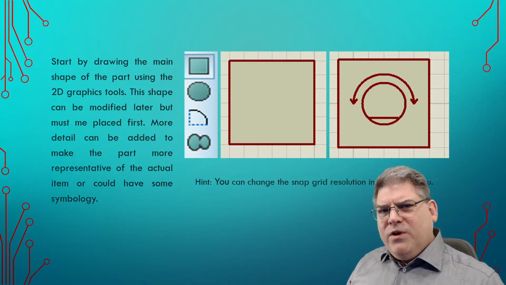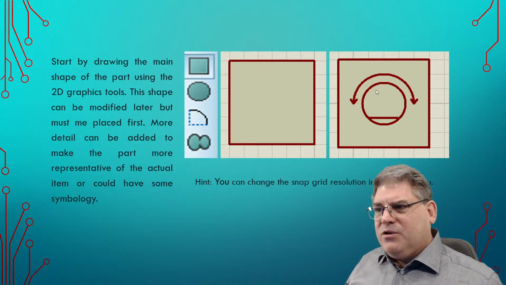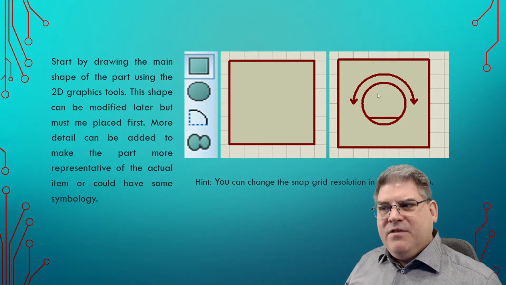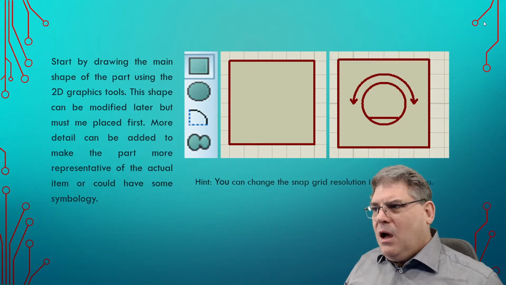So whatever you draw first is going to be on the bottom. Whatever you draw last is going to be on the top. So we have to think this through a little bit. For example, if I drew my little circle here first, and I put this over top of it, I wouldn't be able to see any of this. It would be underneath.